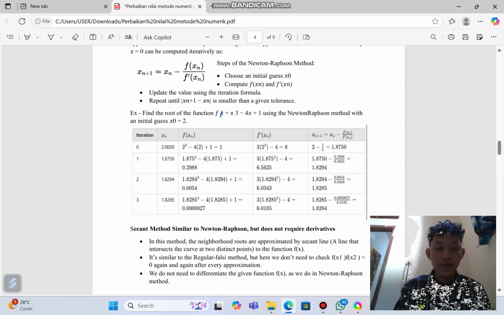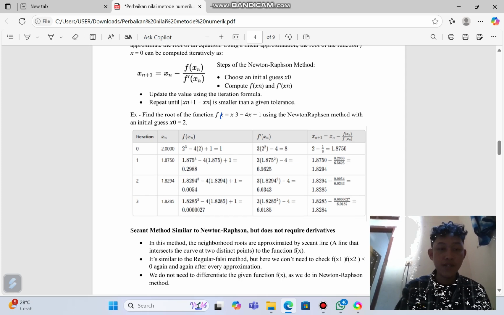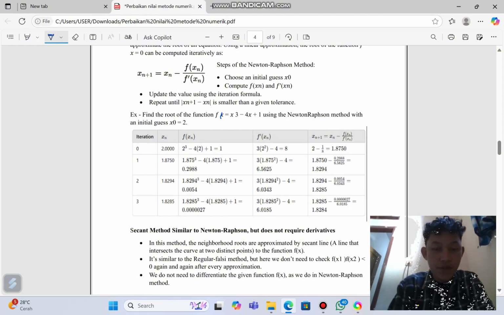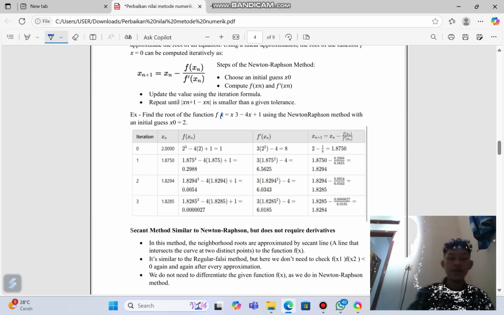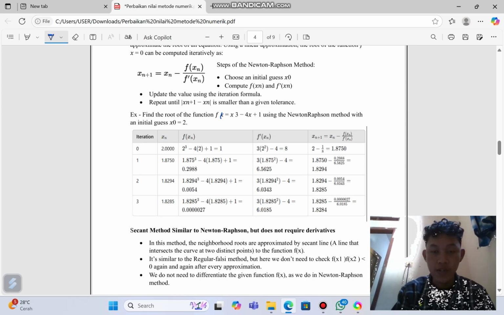And we have to substitute the value of x0 into the function, x^3 minus 4x plus 1, like this.